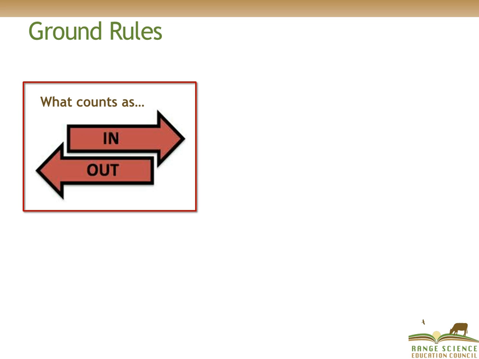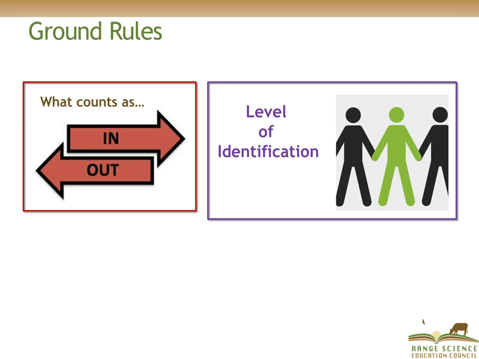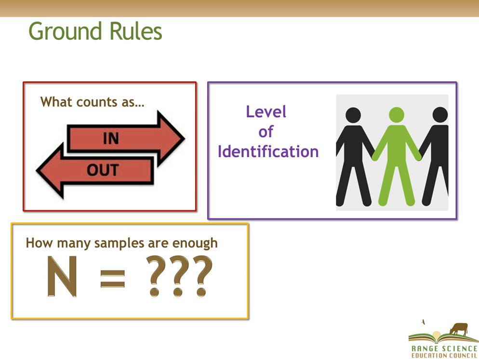There are important ground rules that need to be established when we're measuring frequency. First, what do we count as being in or out of the quadrat? We also need to determine the level of identification that is to be used, and also the number of samples that are used.